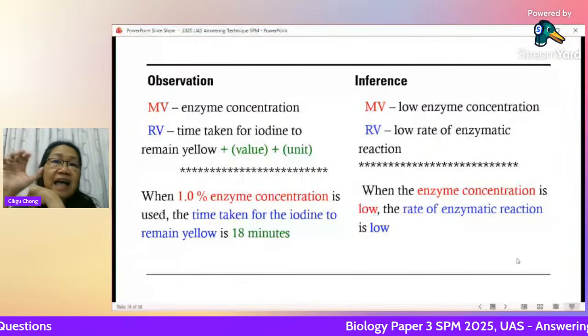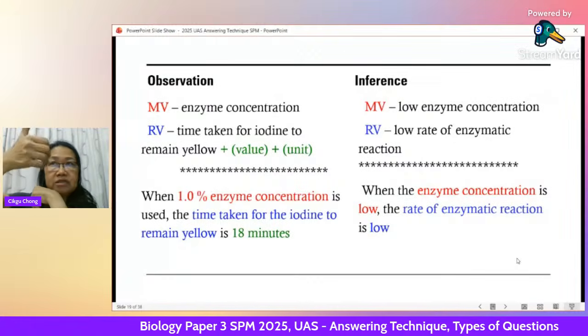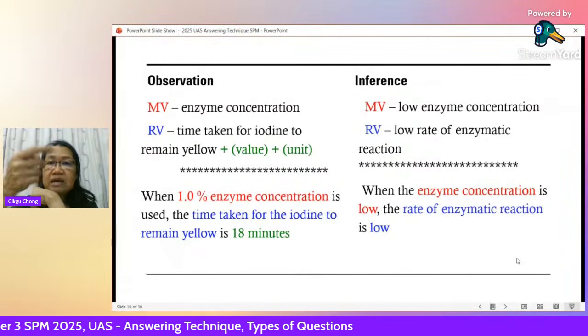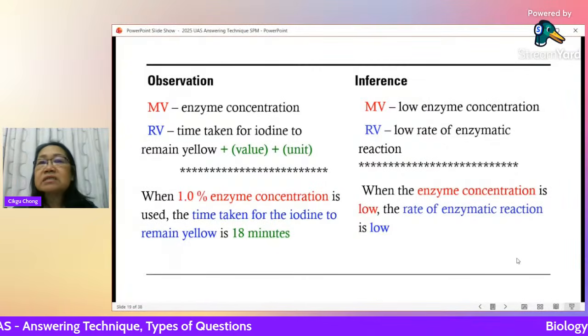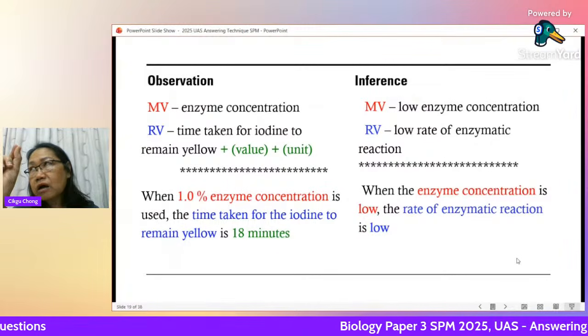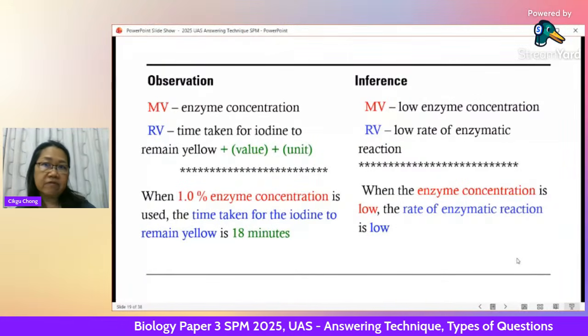But if you're using the analog, the old type of stopwatch, when you press the button here, and then the needle goes around, that one you cannot have 2 decimal places, because the smallest number you have here is 1 second, and in the middle is 0.5.